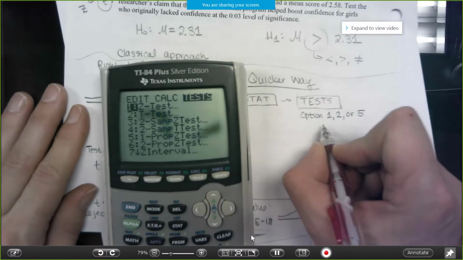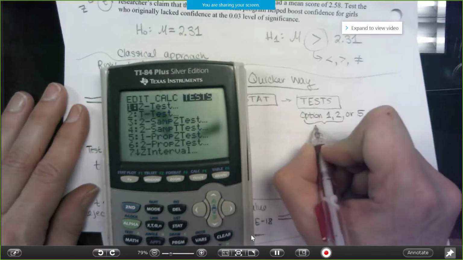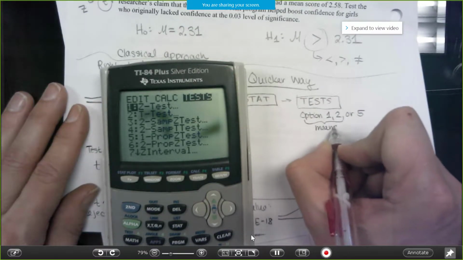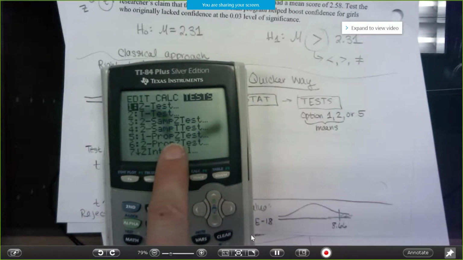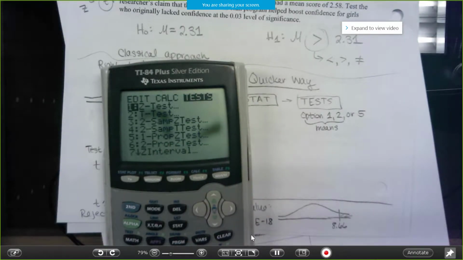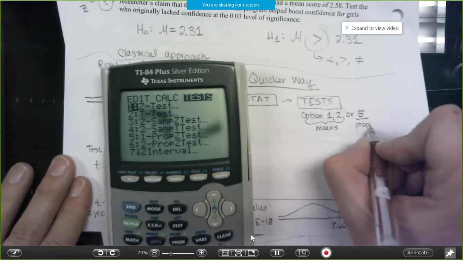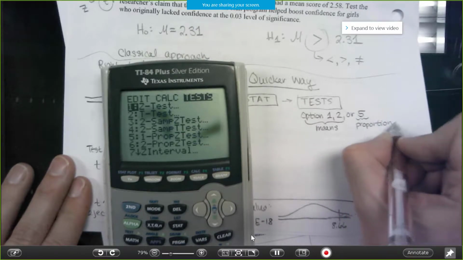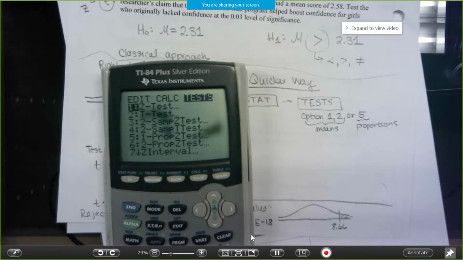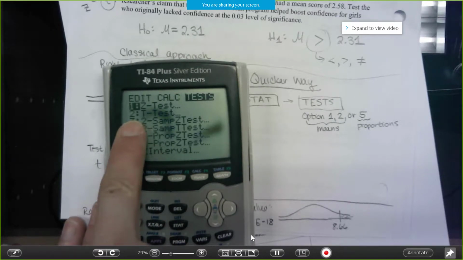Options 1 and 2 are for means. And then option 5 is for proportions. And we saw in our formula sheet, proportions always go with z's. And we've already said we're using the t-distribution, so we would do option 2, the t-test.